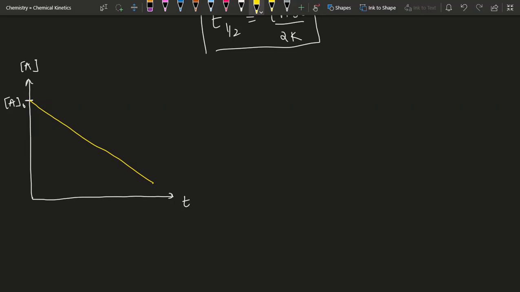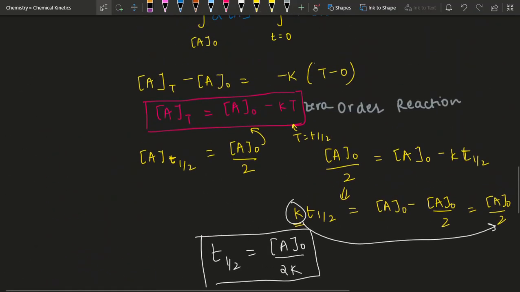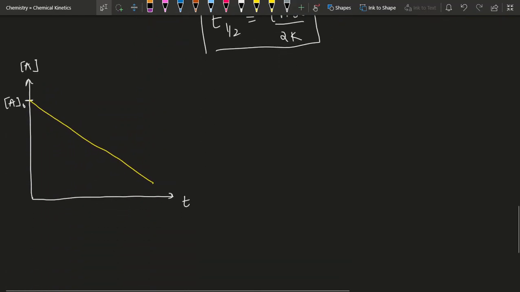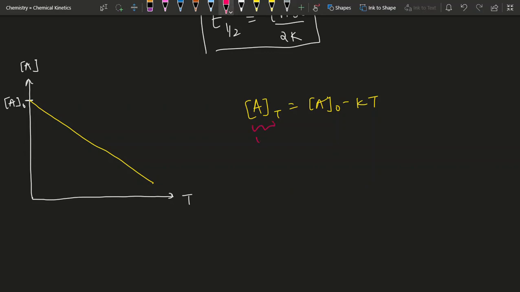And why do you see a line? Well, let's just take the expression that we had here. So you have A at t equals A naught minus kt, and let's replace the t here with capital T as well, just to make everything uniform. So what you have is here, this is your y variable.